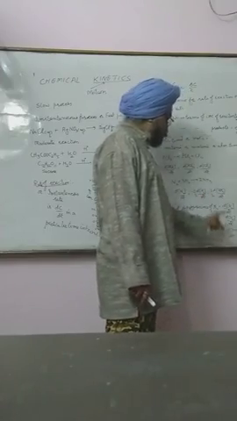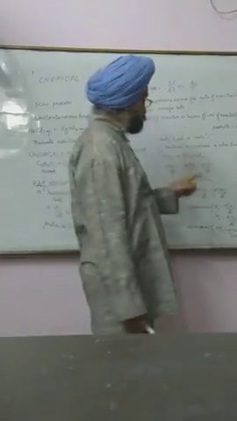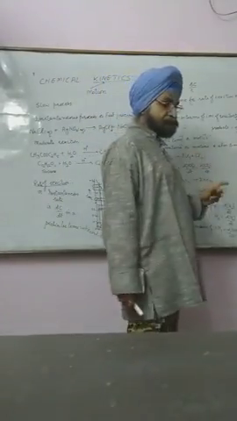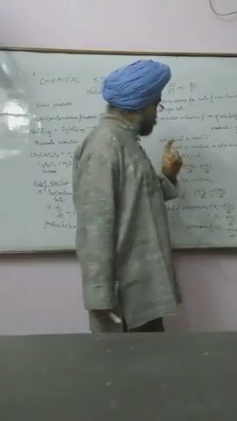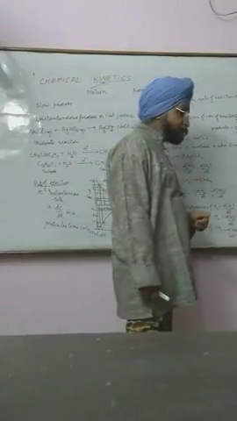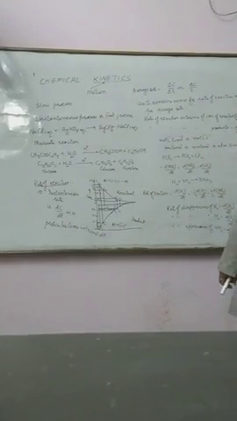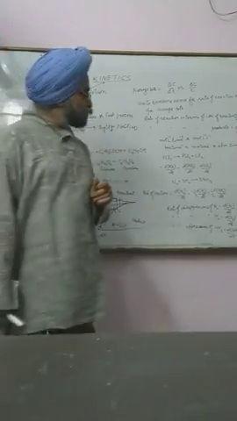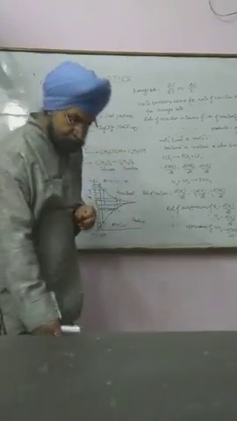If the prefix is 1 by 2, then it is not the rate of appearance, it is the rate of reaction. So we must be clear in mind that there is a difference between rate of appearance and disappearance in comparison to rate of reaction if stoichiometric coefficients are involved.